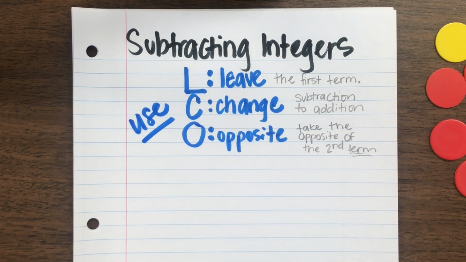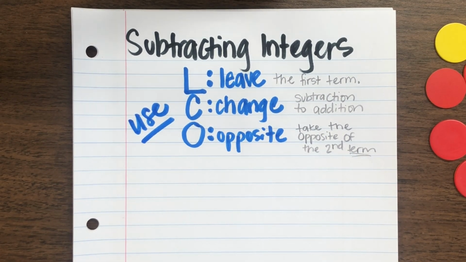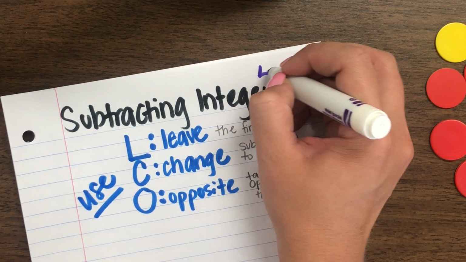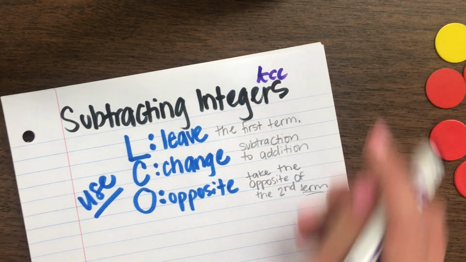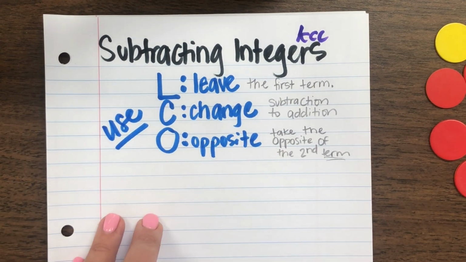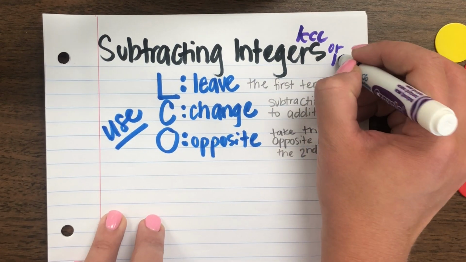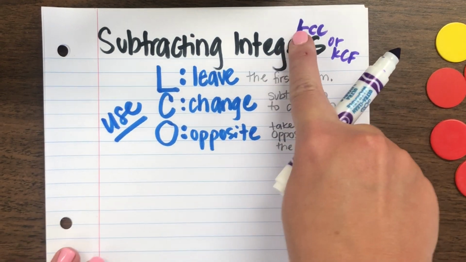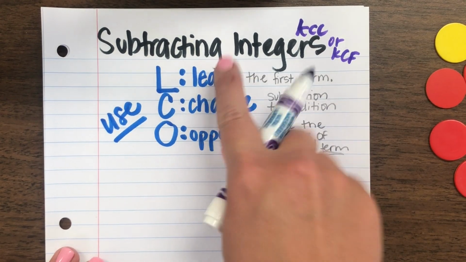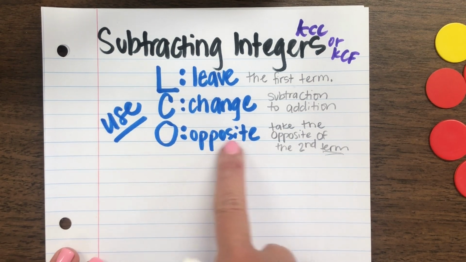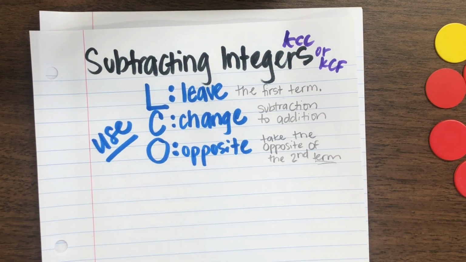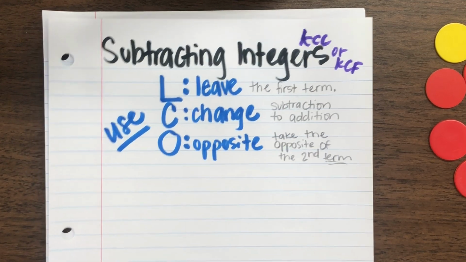Some of your other teachers, maybe in prior years, have called it KCC, keep, change, change. They may have called it keep, change, flip. Okay? So it is literally the exact same thing as leave, change, opposite. The reason we use leave, change, opposite is because opposite is more of a mathematical vocabulary, and we want to make sure that we understand what we're doing with that piece.